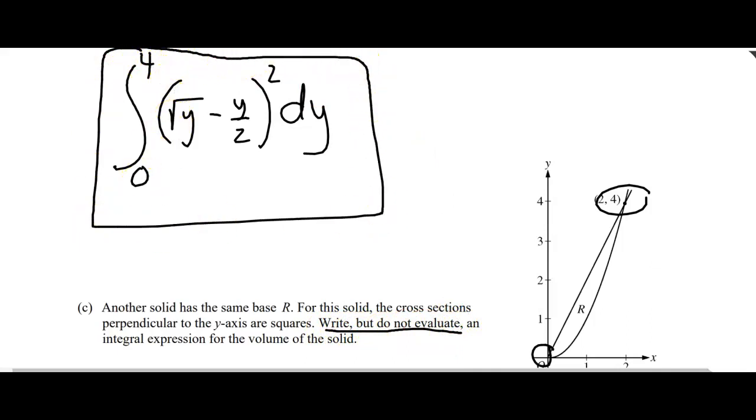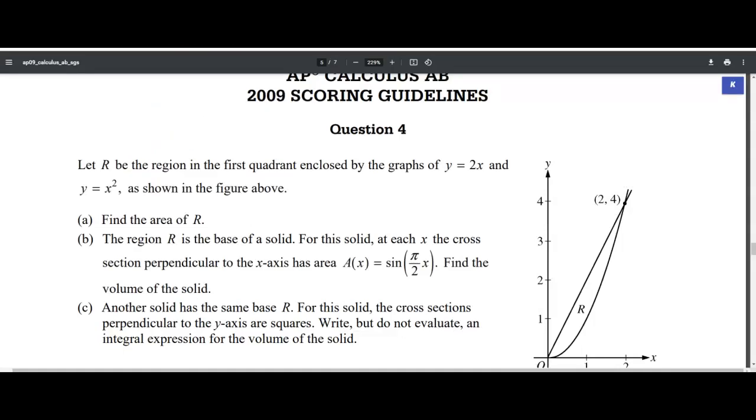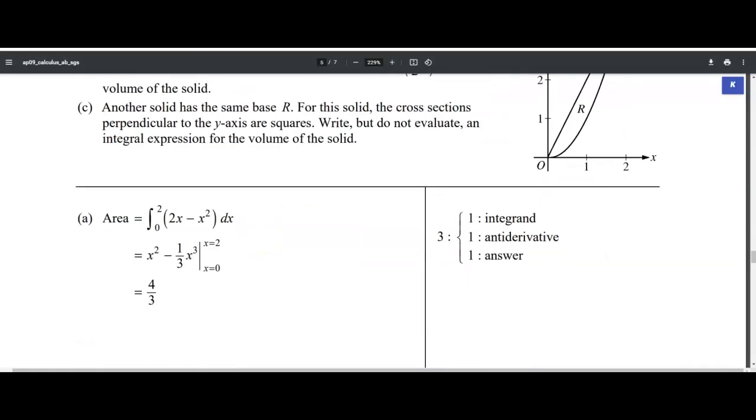All right, so let's go ahead and see how they would have graded this FRQ. So for the first one here, where they just wanted us to find the area, you get one point for correctly orienting the functions as top minus bottom. You get 1 point for doing your antiderivative correctly.